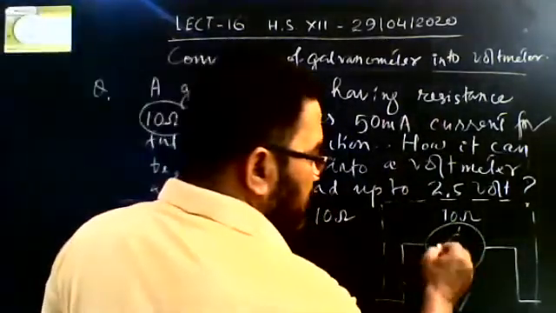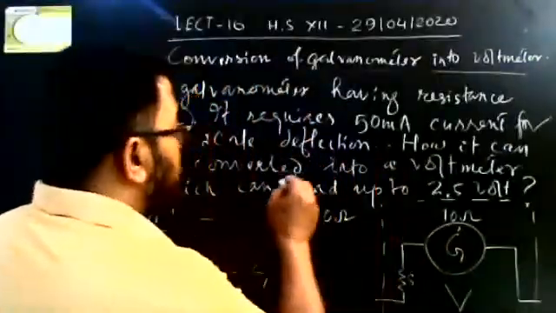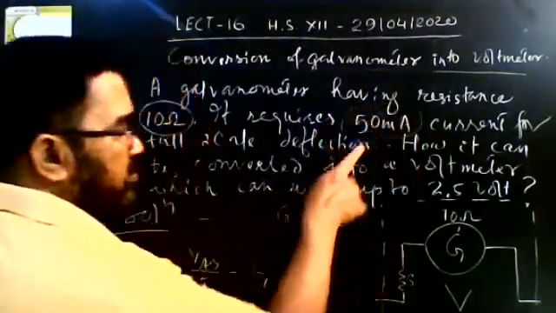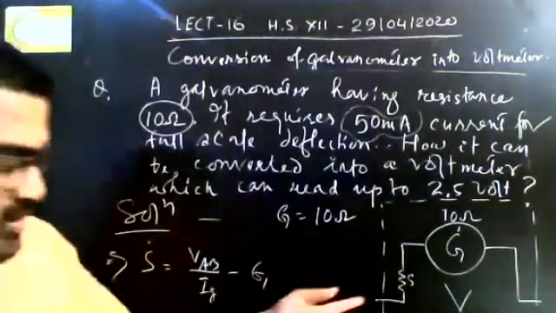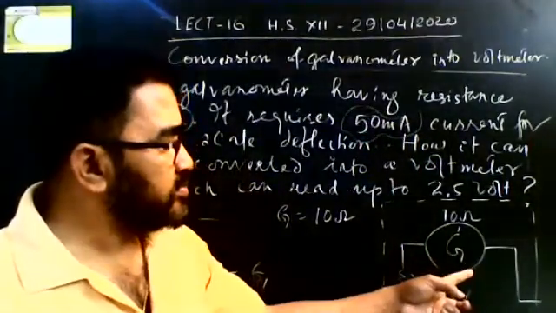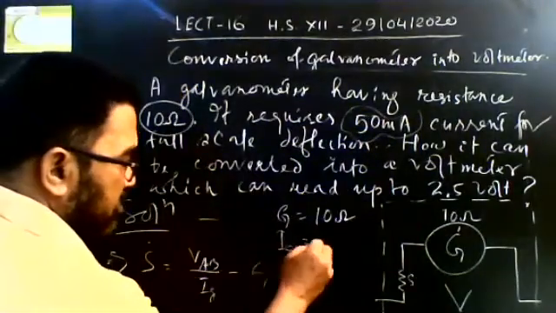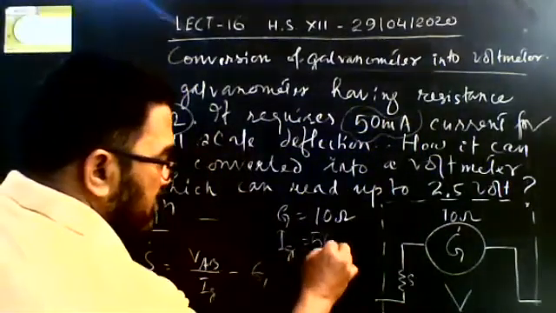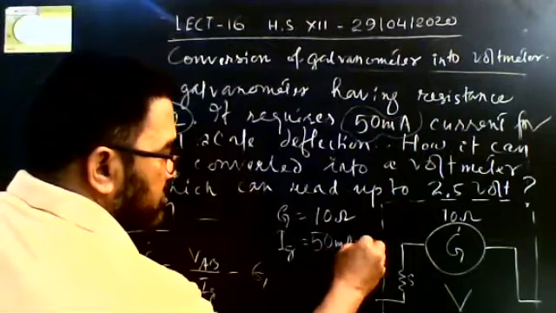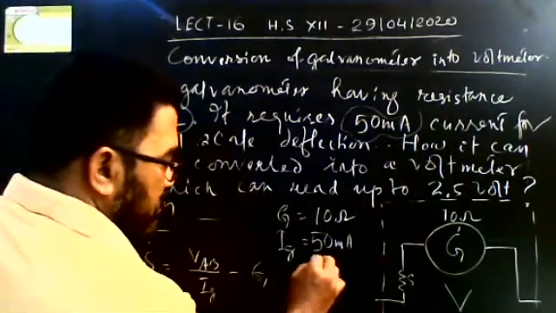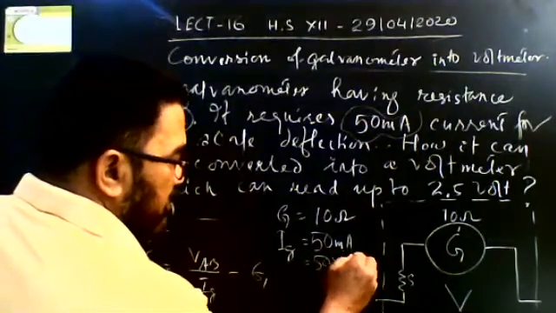It means that Ig, the galvanometer current, is 50 milliampere. You have to convert it into ampere by multiplying by 10 to the power minus 3.